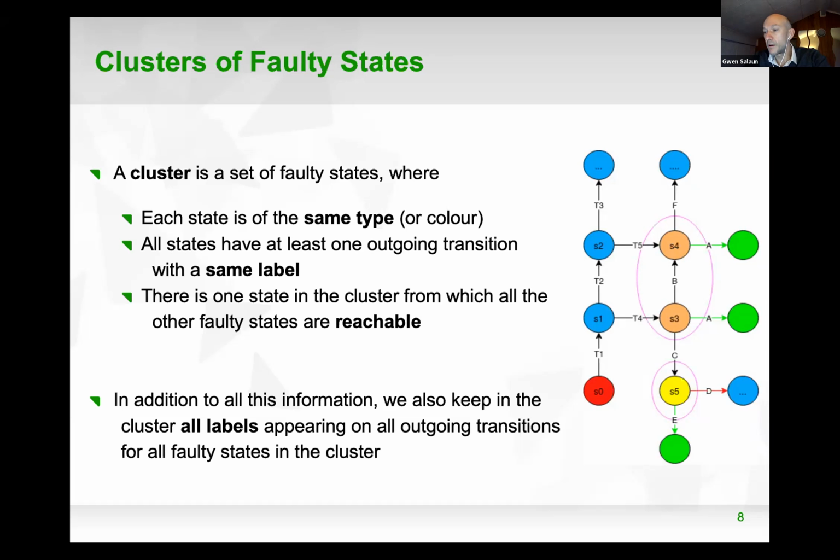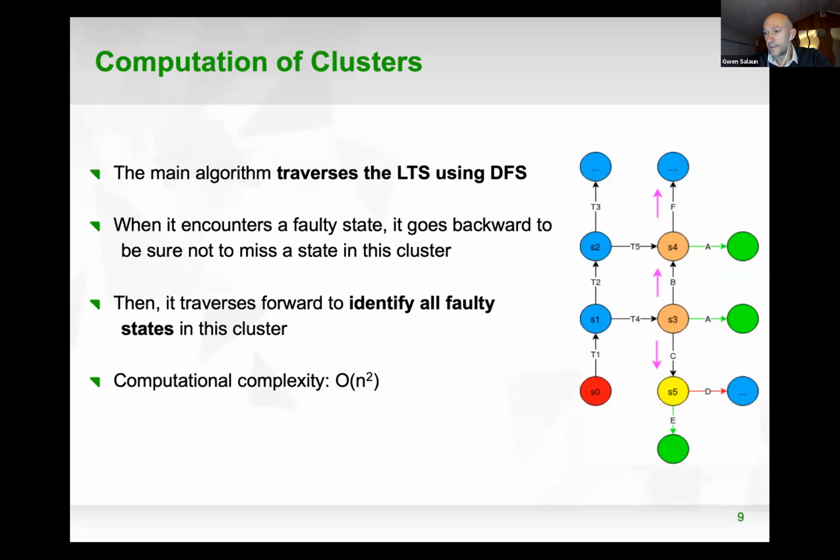We also keep in the cluster all labels appearing on all outgoing transitions for all faulty states in the cluster. This last information is useful to precisely identify the portion of the specification corresponding to this cluster. The main algorithm to compute all clusters works using a depth search traversal of the faulty part of the LTS.